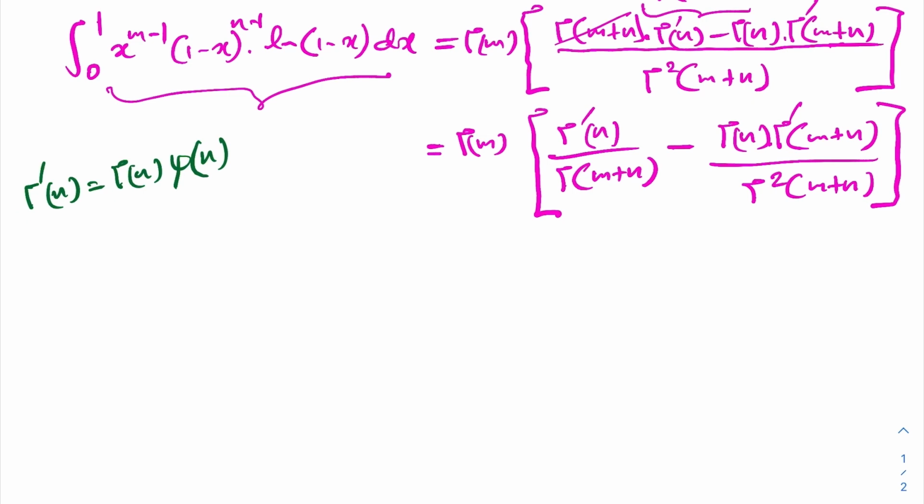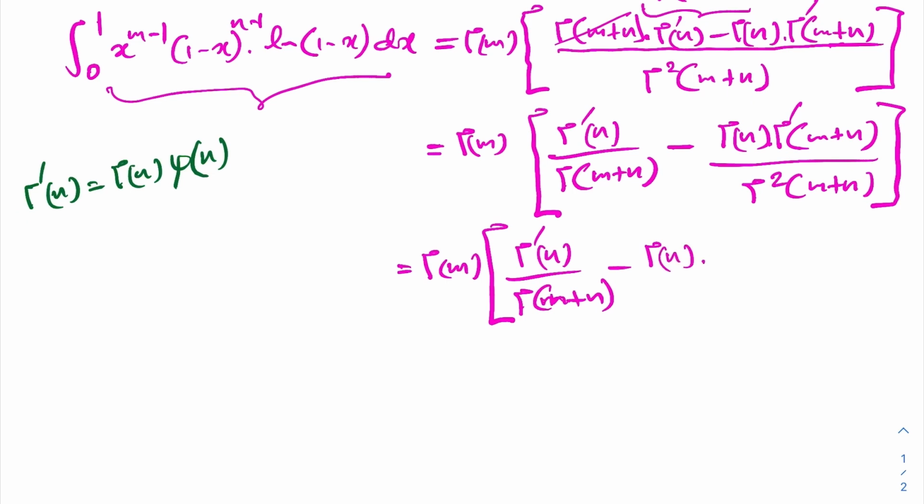Okay, then here we can write this is equal to gamma of m times gamma dash of n over gamma of m plus n minus gamma of n times, instead of gamma dash of m plus n, we can write gamma of m plus n times digamma of m plus n over gamma square of m plus n.